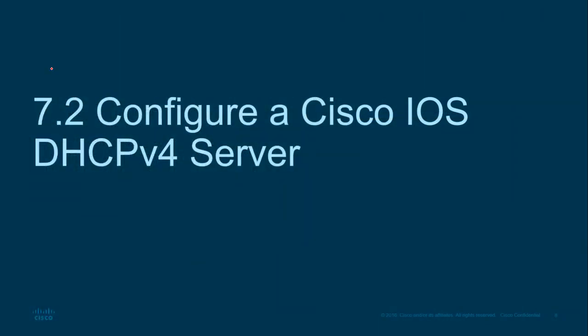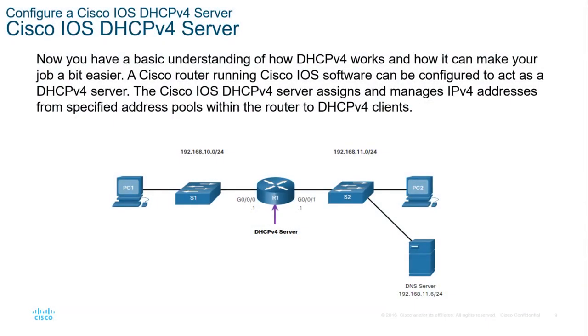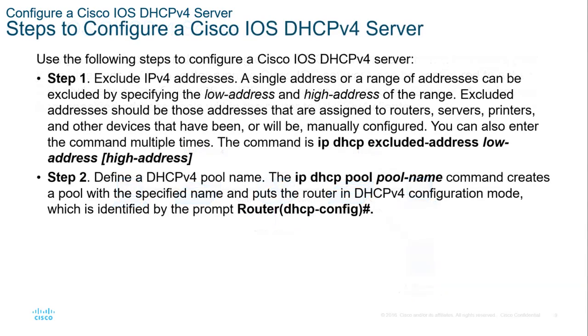So, configure a Cisco IOS DHCP server. As you can see, we have a router here, which you can configure to serve as the DHCP server. We have the steps if you have to configure the DHCP server.